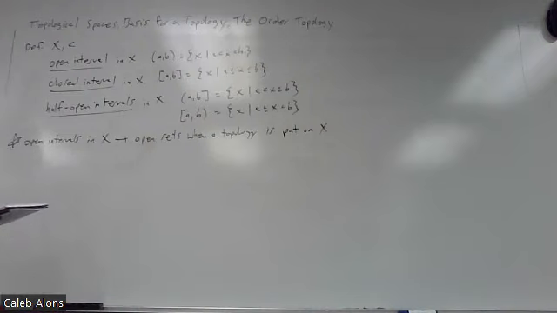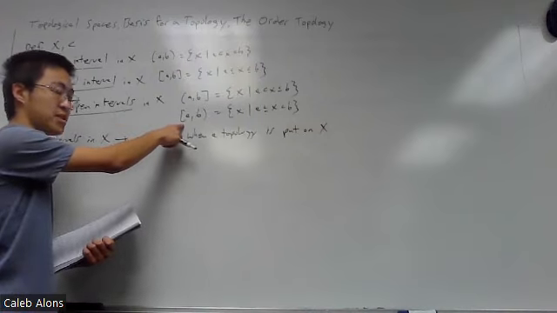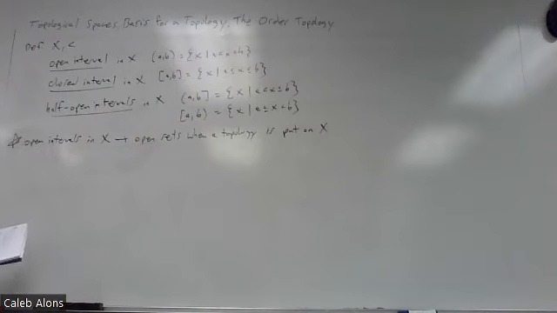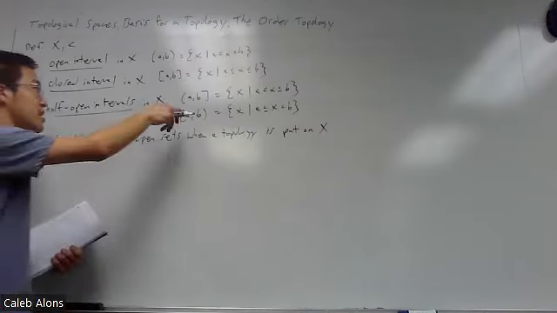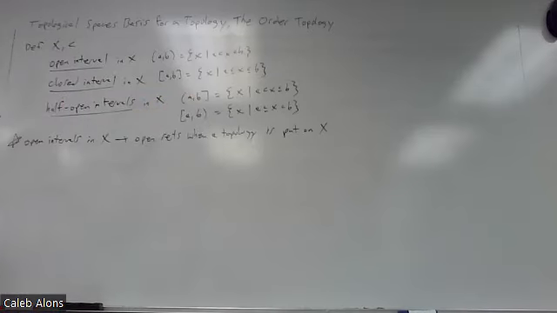The basis is formed by taking all of the open intervals in your ordered set. Then you take all of the half open intervals where the bottom is the smallest element, if it exists. And if you have a maximal element, then you take all the half open intervals where that's the maximal element, and then you go the other direction. If you take the collection of all of those, you generate a topology, which is called the order topology.